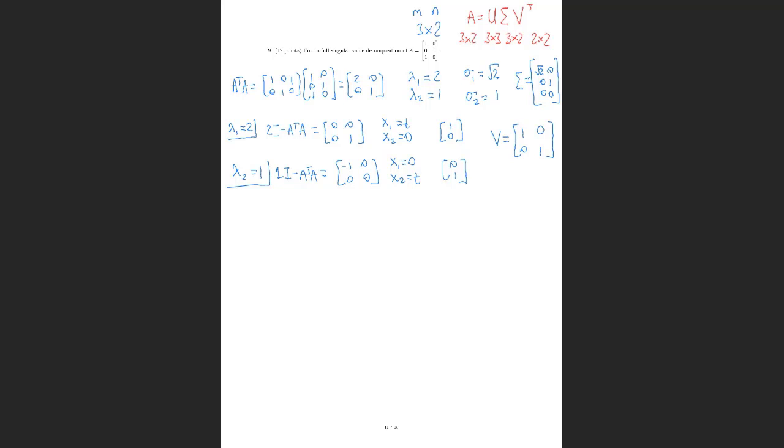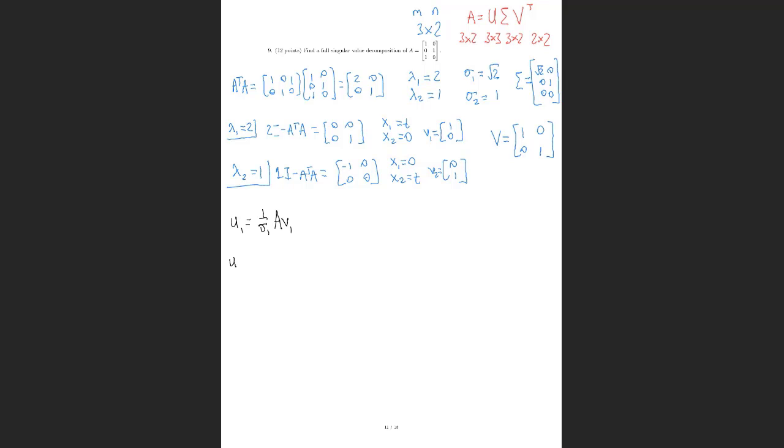Now to get U, that one will take a little bit of work. Okay. So first we had these formulas. So then from the V's that we calculated here, we can use them to calculate some of the U's that we need for matrix U. So we had these formulas where U1 will be 1 over sigma 1 times AV1.